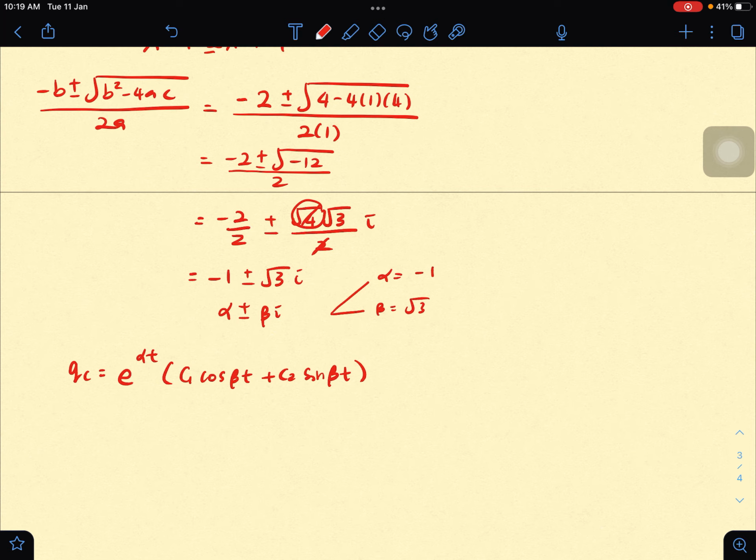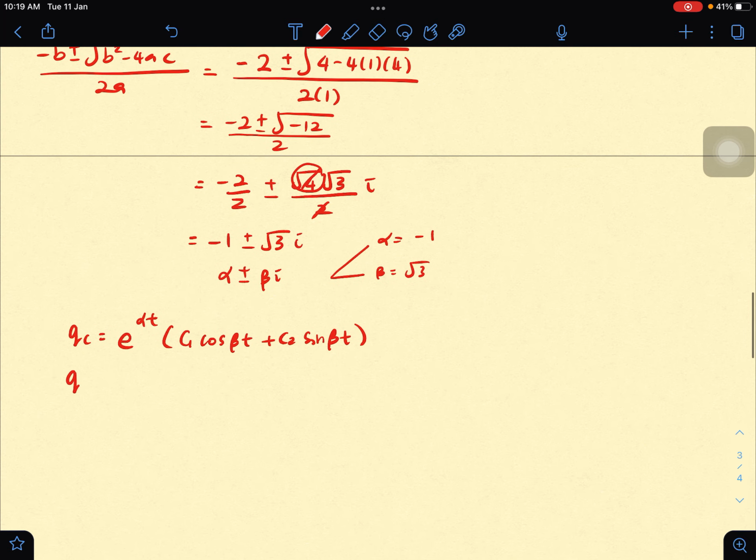Okay, ini for complex root. Therefore, you have your QC equal to exponent, alpha is negative, so negative t, C1 cos root 3t plus C2 sin root 3t. So this one is your QC.